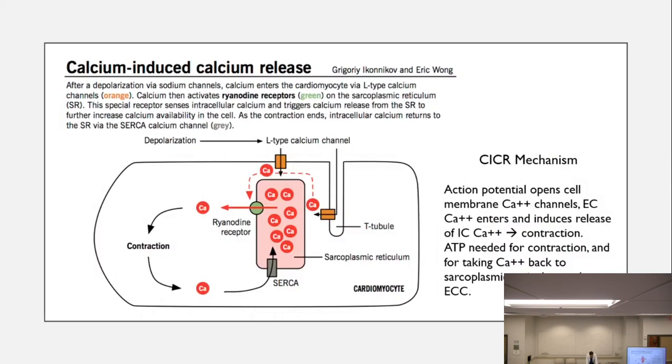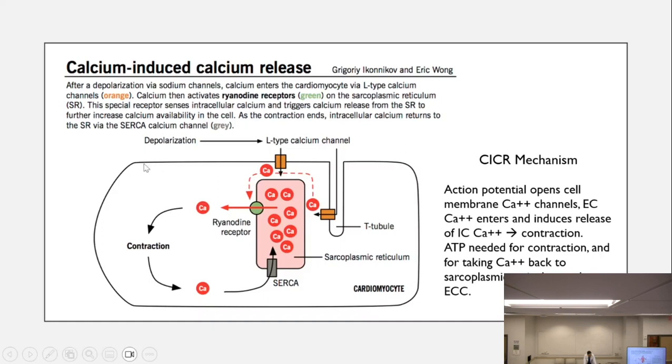Now there is a phenomenon that occurs in the cardiac myocytes called calcium-induced calcium release. This is an aspect of the cardiomyocyte contraction that is important to remember, and when I say important, I'm always thinking about the pharmacology. Notice that here we have something very similar to what happens in the skeletal muscle.